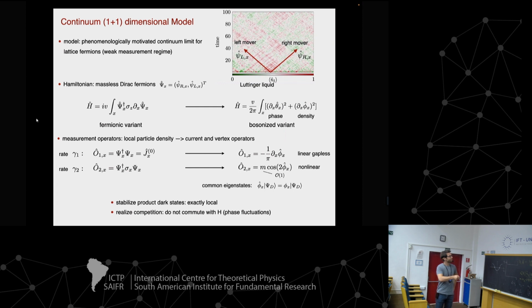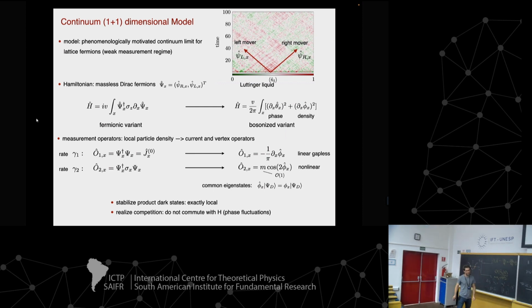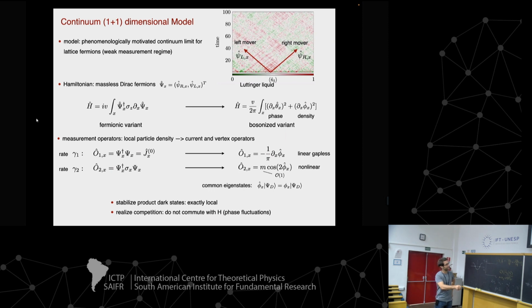In the same way, we now formulate the measurement operators. And this big psi here is just collecting the left and right movers. When you expand out the density operator into these left and right moving modes, you find two contributions. One looks like that, and in the bosonic variant it's a bit like a black box, but watch the structures that are coming out.